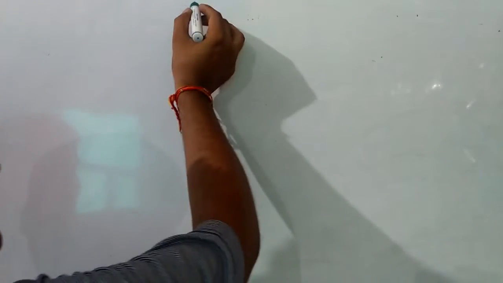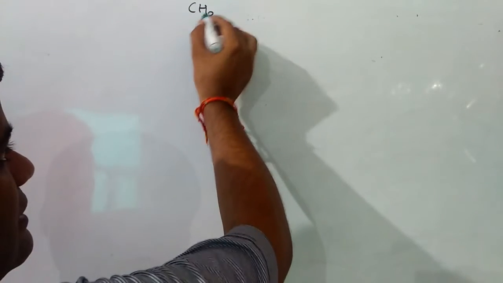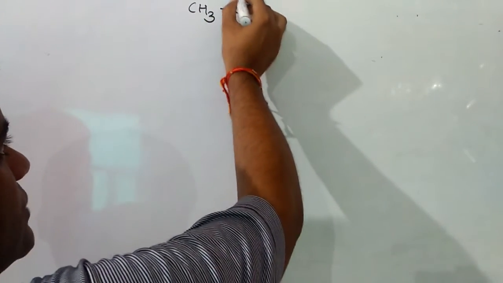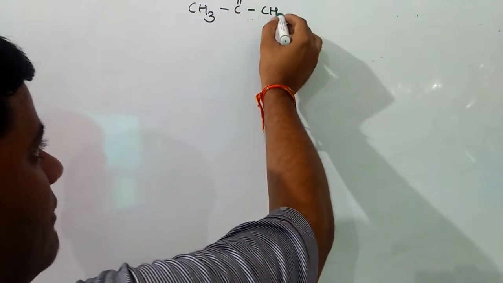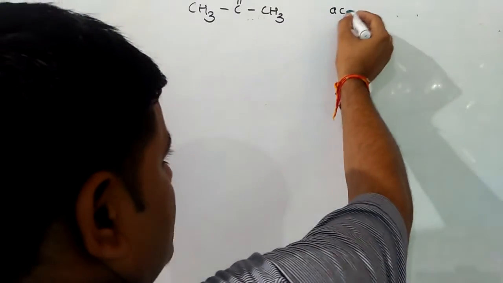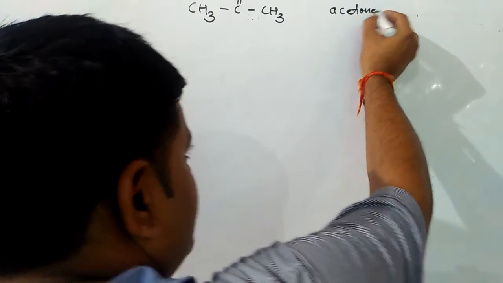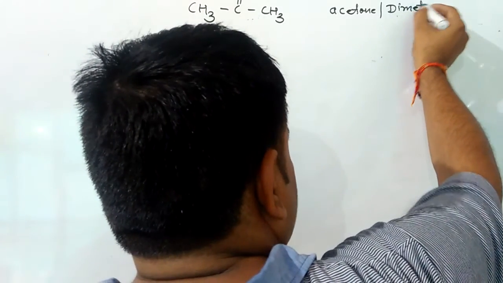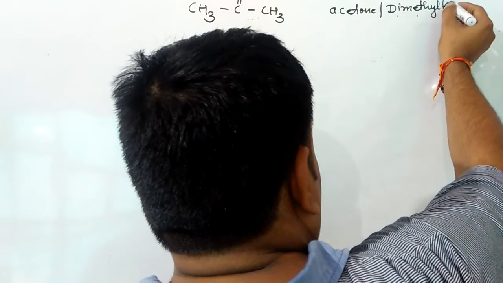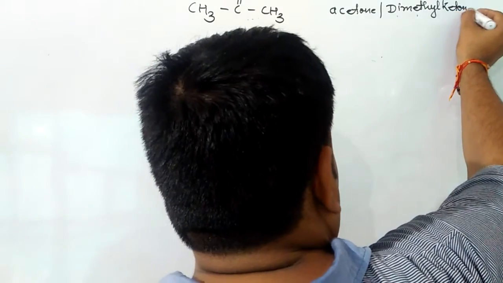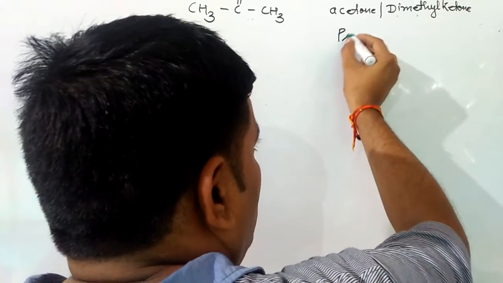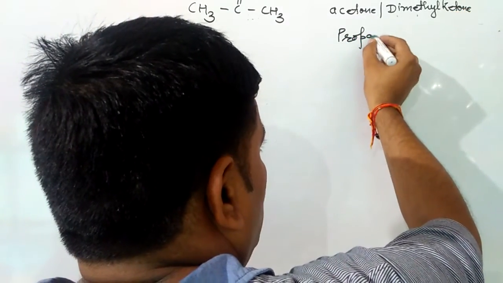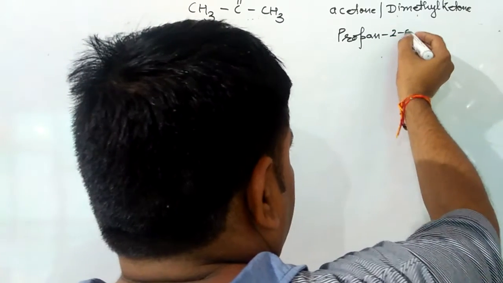The first case is the simplest and easiest one, that is CH3COCH3. Common name it can have two: the first one is acetone, and the second one is dimethyl ketone, and IUPAC name will be propan-2-one.